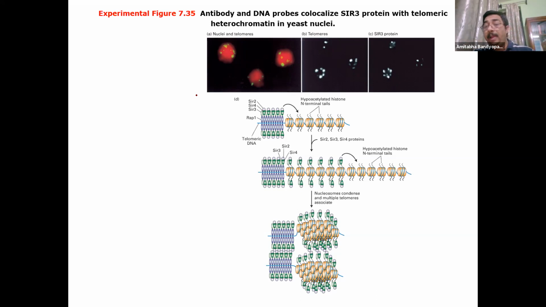So that way this will progress, and slowly more and more regions will be incorporated into the hypoacetylated region, and into the heterochromatin region, or whatever you call it. Okay, a silencer or whatever you call it.